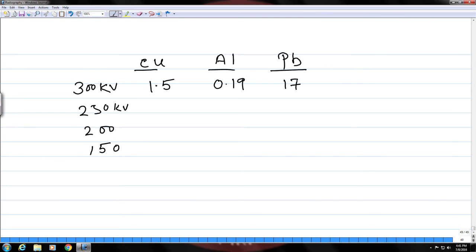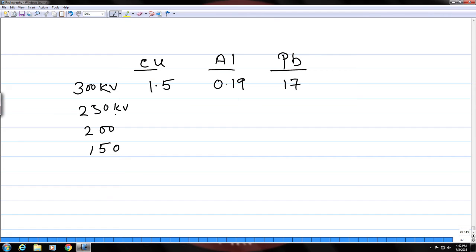Okay. So, you could see depending on the material it varies over a wide range. So, let us say for example, if you have 10 centimeter of the copper, that will be equivalent to 15 centimeter of steel thickness.